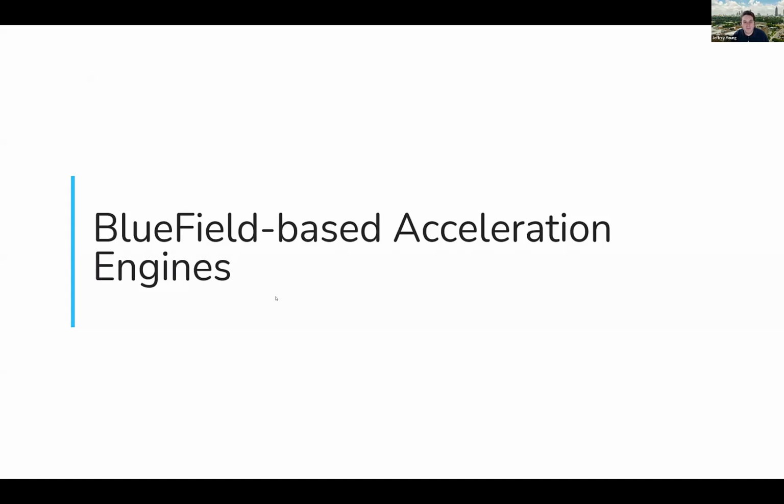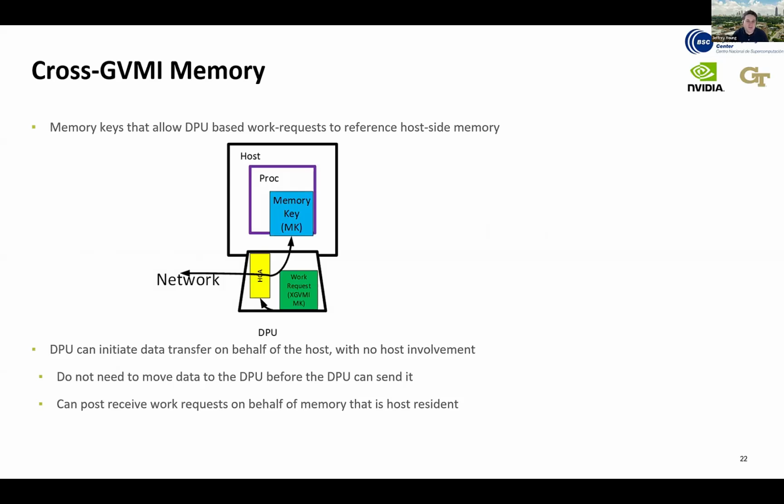Okay. So now we'll jump into a few of the BlueField acceleration engines. First of all, we'll talk about this thing called cross-Gomami. This is related to the question we asked about UCC and UCX. A lot of the idea there is that you're trying to efficiently set up RDMA or DMA type memory exchanges.